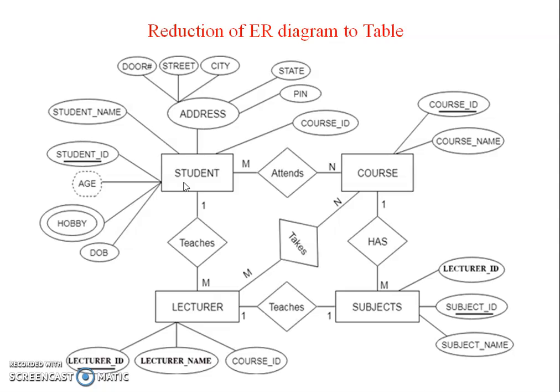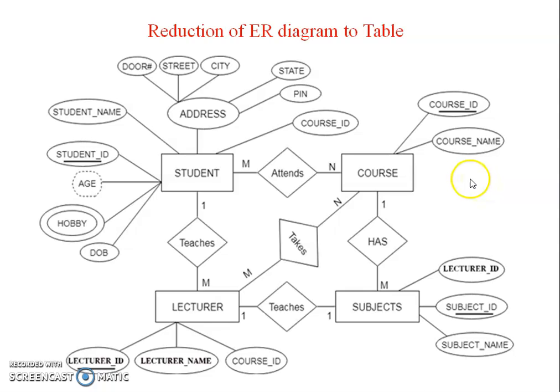All single-valued attributes become a column of the table. In the student entity, student name and student ID form the columns of the student table. Similarly, course name and course ID form the columns of the course table, and so on.